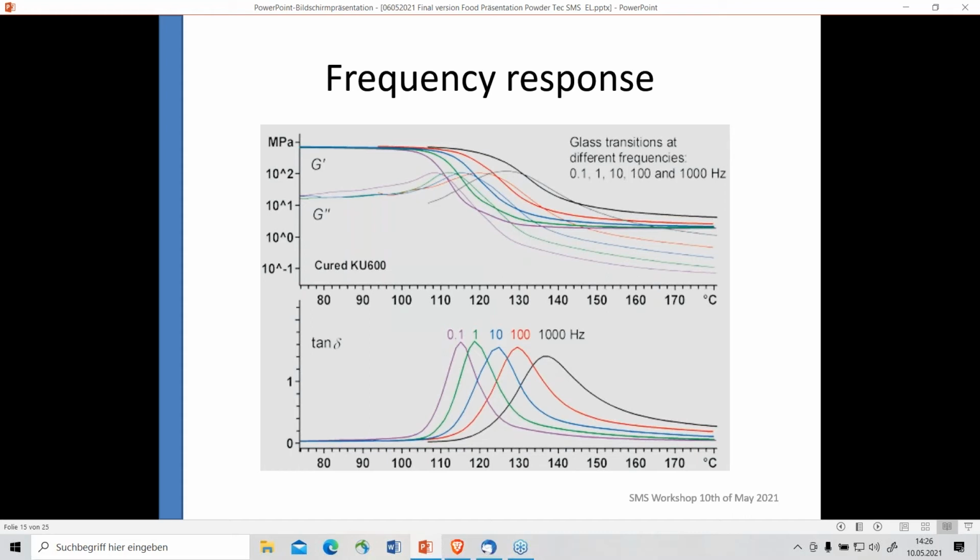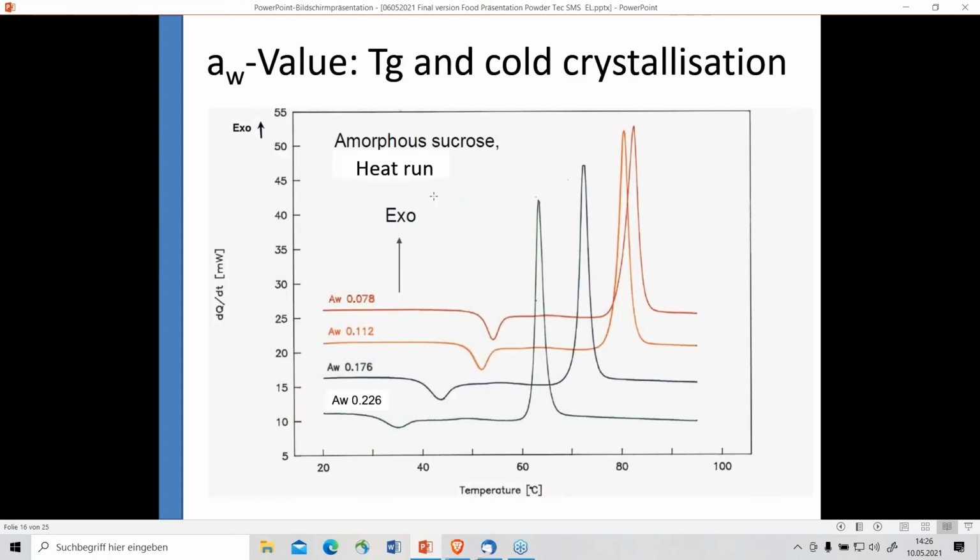And on the other hand, as you already know, in the case of amorphous sucrose in a heating run, we see that there is a difference in the water activity, and the water activity shifts the glass transition and also initiates the cold crystallization earlier than in this field where the water activity is very low.